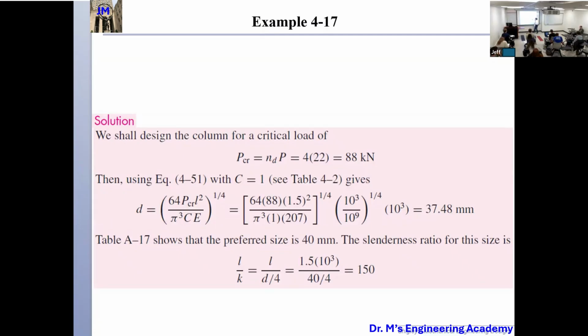So this will give you a result in meter. But when we design a column, using meter for the diameter would be very ridiculous. You can see, so big a column, right?